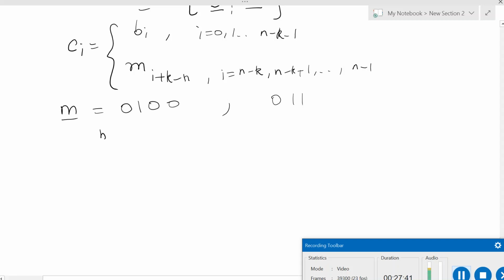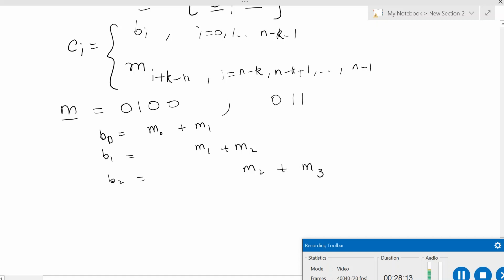So the first parity bit B0, we had chosen M0 plus M1, right? B1 as M1 plus M2, B2 as, I am writing it deliberately in this way, M2 plus M3, right?